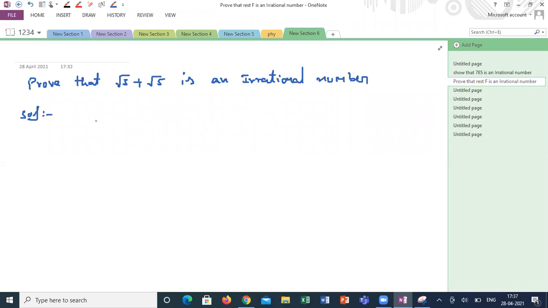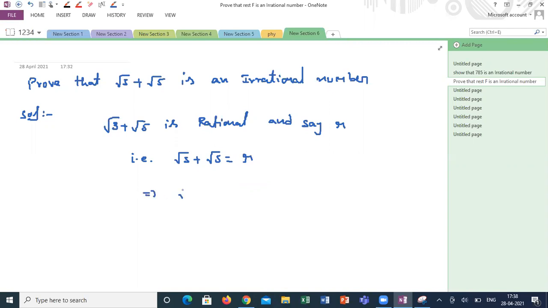Assume root 3 plus root 5 is rational and equal to R. That is, root 3 plus root 5 is equal to R. So from here I can say root 5 is equal to R minus root 3.